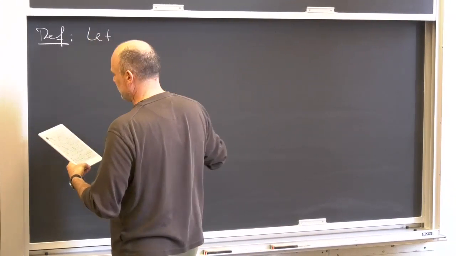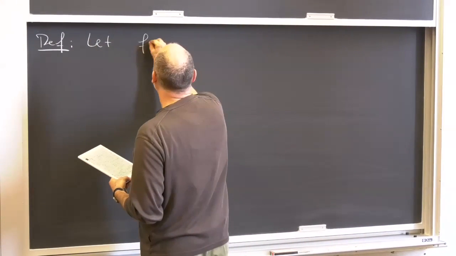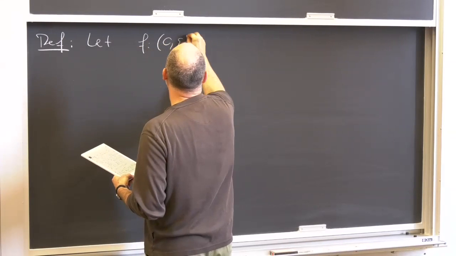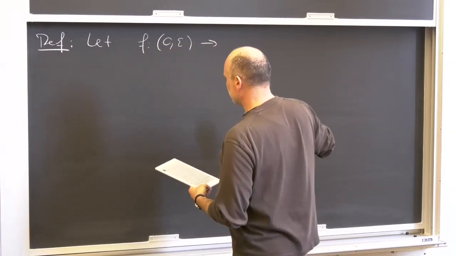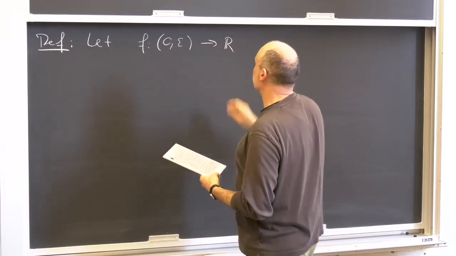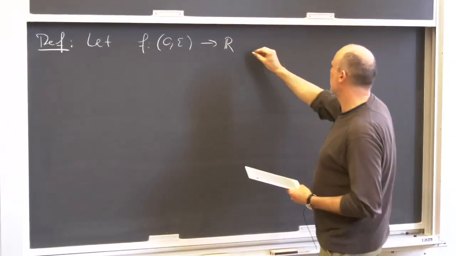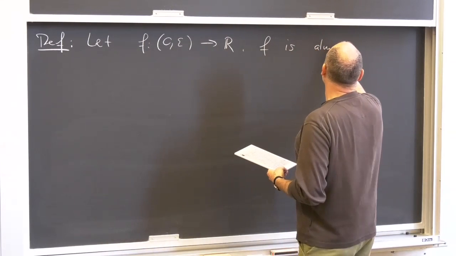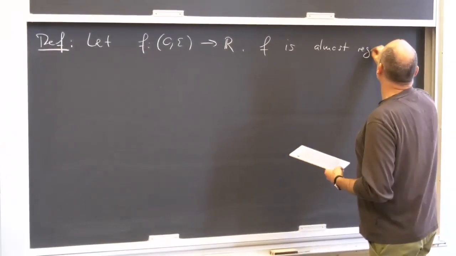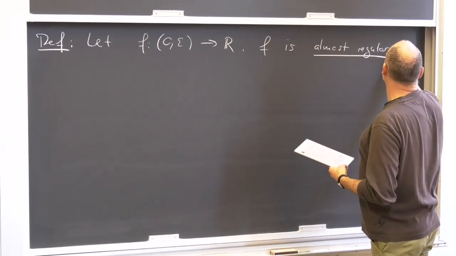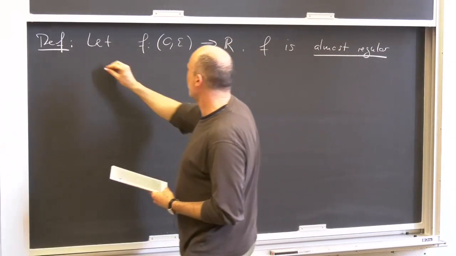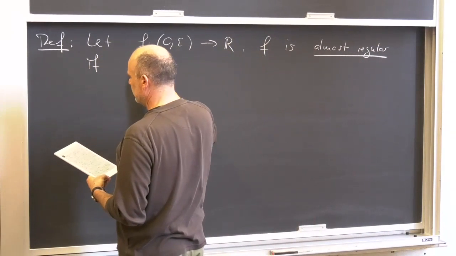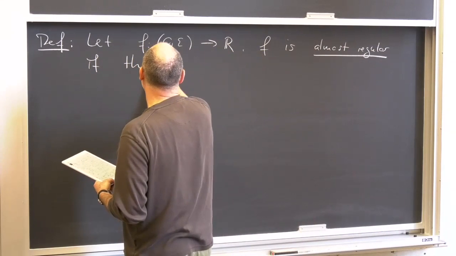It extends the notion of real analytic. So consider a map on some interval to the right of 0, a real function f. This f is called almost regular if the following data exists.